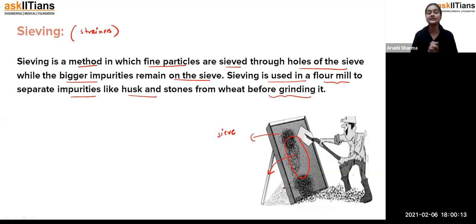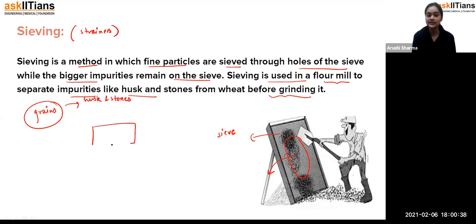Even students give the example of the flour mill. In the flour mill, they want to make flour from the grains. In the grains there may be some particles of husk and stones as well. So they use some kind of strainer. So this is a strainer, I can say.